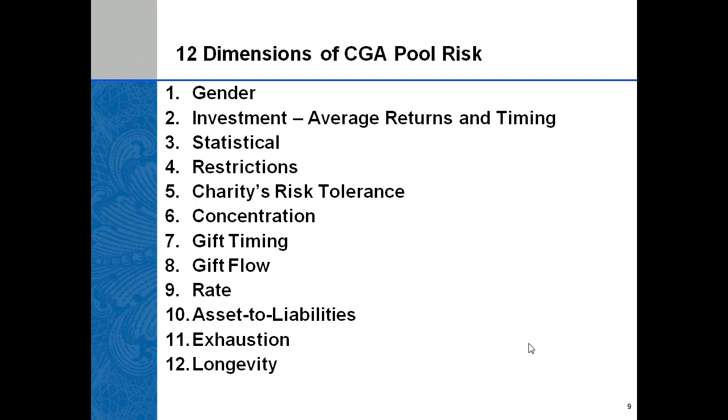The second is investment, and that is the average returns and the timing. Again, the average returns are real easy to calculate, but the timing of the returns is everything. I can show you very easily how you could get a 7% average rate of return for life expectancy and how that would exhaust. All I would do is take negative 15% for the first 2 years, then I'd throw it up at about 13% positive all the rest of the time, and it would still go under.